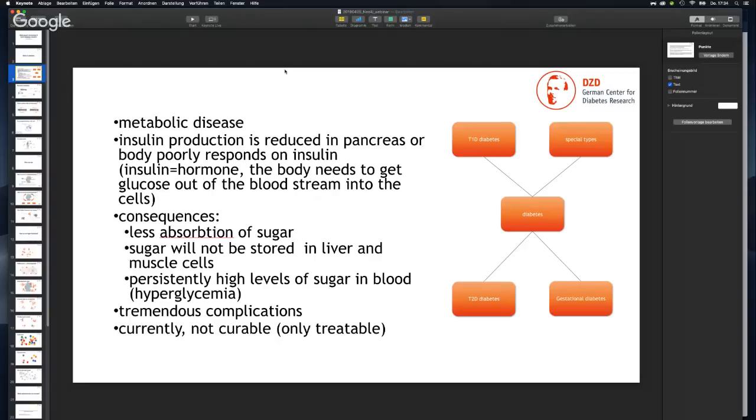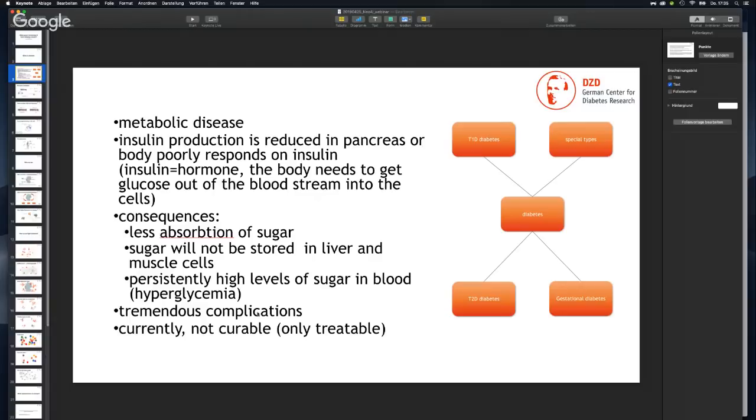The consequence is that you cannot take up any sugar from your blood into your body cells, and the sugar remains in the blood, which is called hyperglycemia. This causes tremendous complications, especially in the long term. And unfortunately, diabetes is not curable.